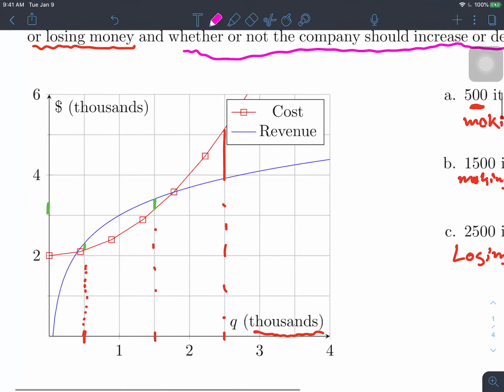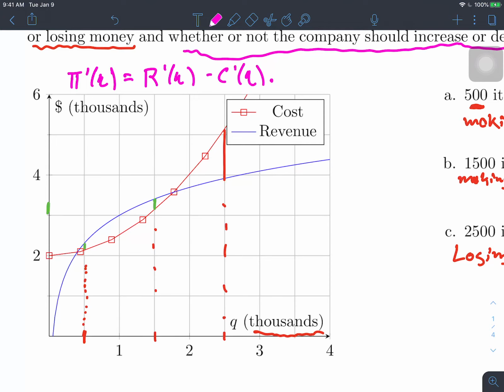But we know, remember, that pi prime of Q, that's the marginal profit, is equal to R prime of Q minus C prime of Q. So if we want to know, the question is, is it greater than 0?